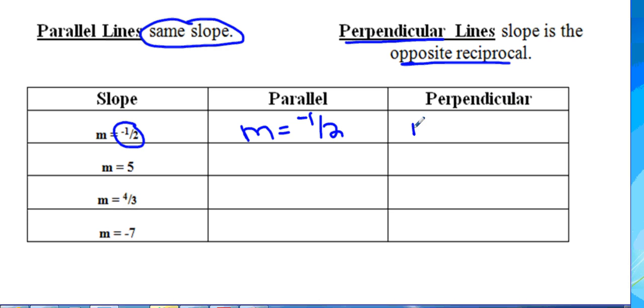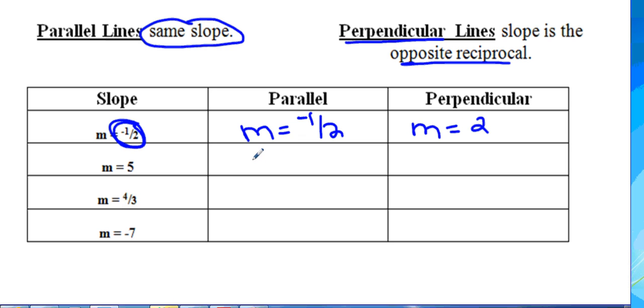However, if I were going to write an equation for a line that was perpendicular to the slope over here of negative 1/2, I am going to take the reciprocal, so flipping negative 1/2 upside down would turn it just into 2, and I'm going to make it a positive 2 since my original problem was negative.